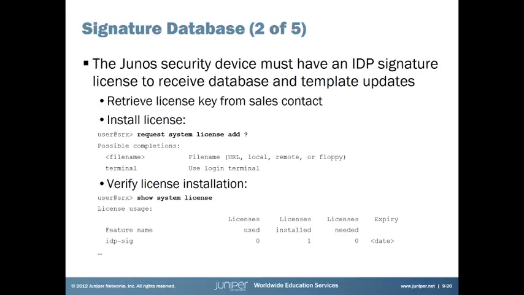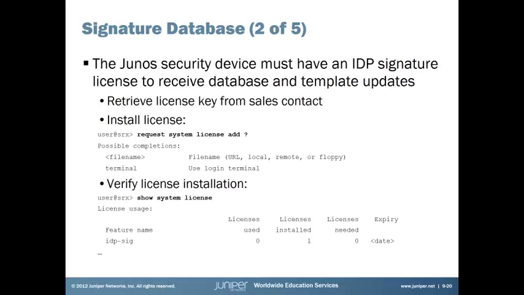So to download the signature database, we must first of all have a license. So you've got to buy a license and install the license onto the device. The way that we install a license onto the device is request system license add, and then the particular license will be added. It's actually a relatively simple process. The device then goes and queries Juniper's database.